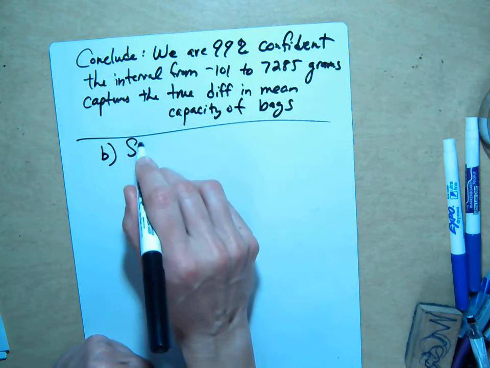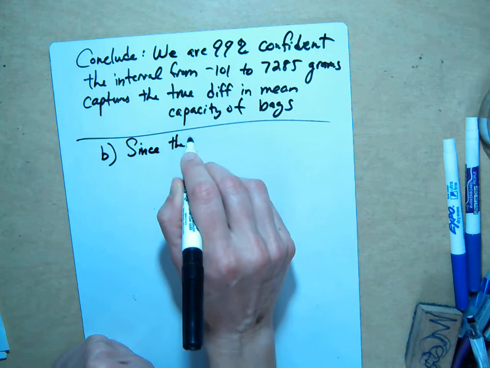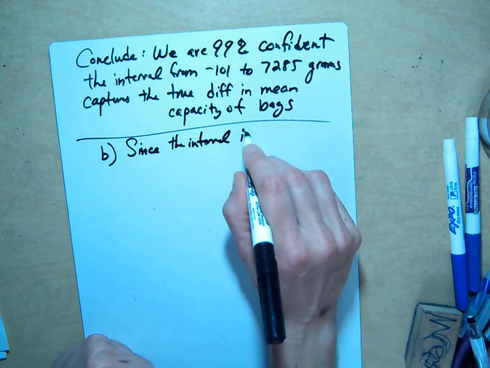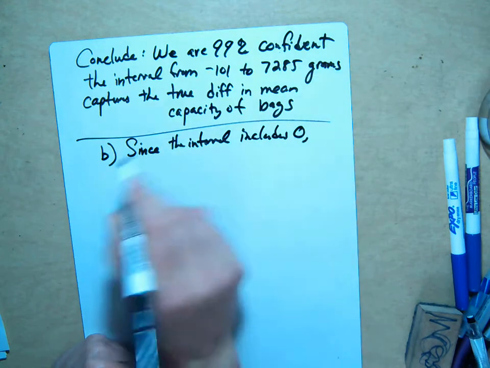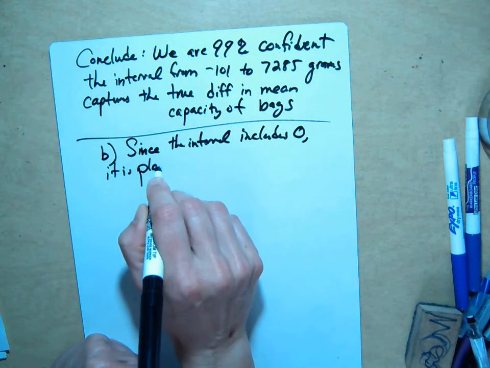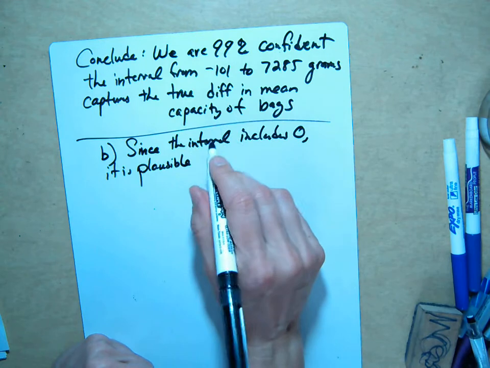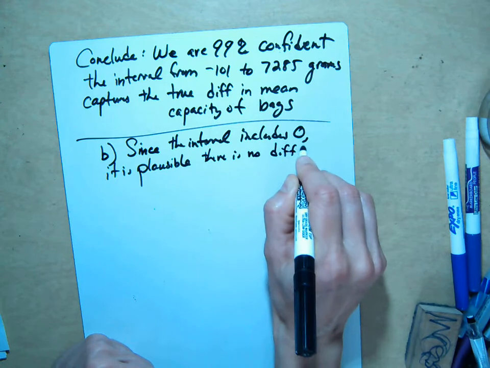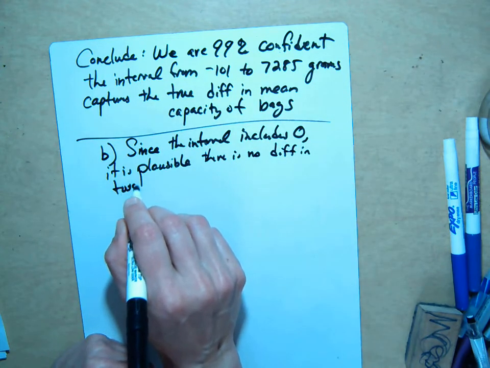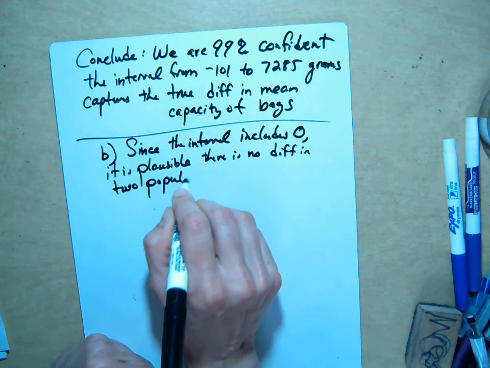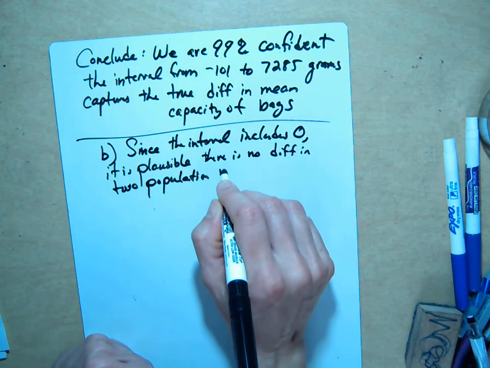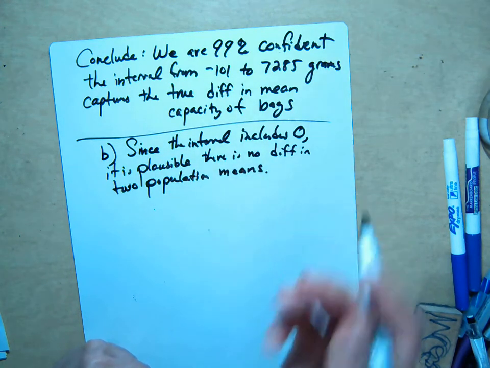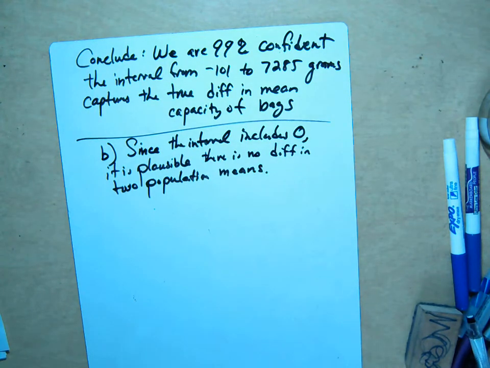So we would write, since the interval includes 0, it is plausible there is no difference in the two population means. But if we did increase the sample size, we might find evidence otherwise. But with such a small sample size, we really can't be sure.